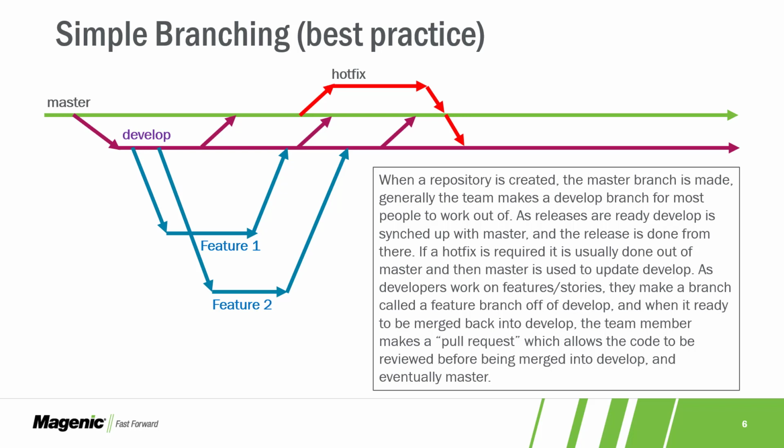For team development, though, it's useful to have one more level of indirection, the develop branch. And so we create the develop branch off of master, and we develop stories by creating feature branches off of that and merging them back to develop.